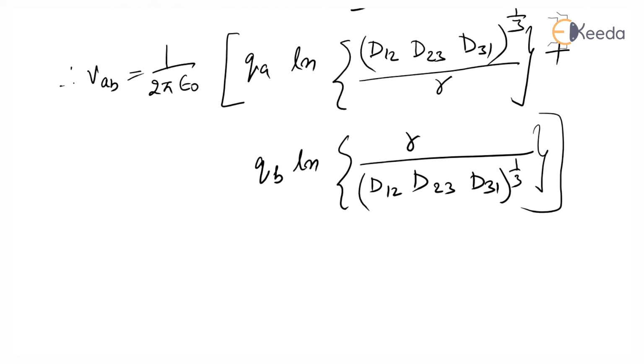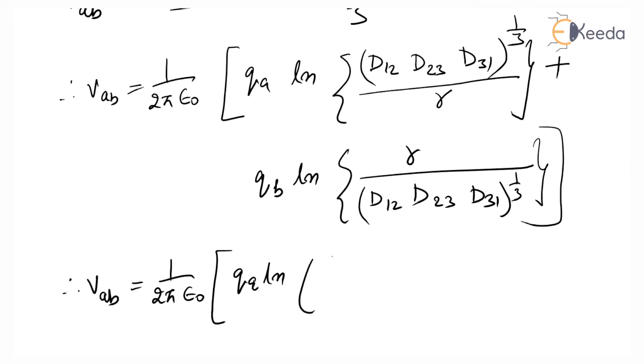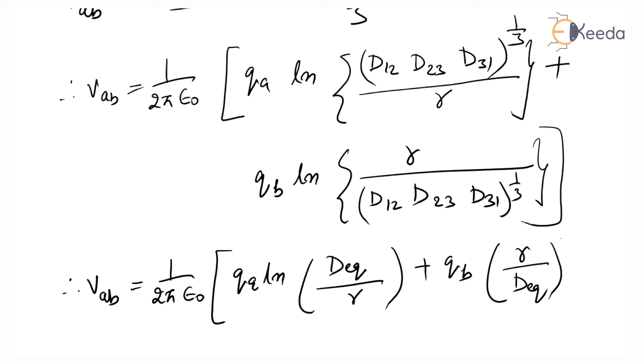So we can write this equation as, therefore VAB is equal to 1 upon 2 pi epsilon naught, QA log D equivalent by R plus QB log R by D equivalent.